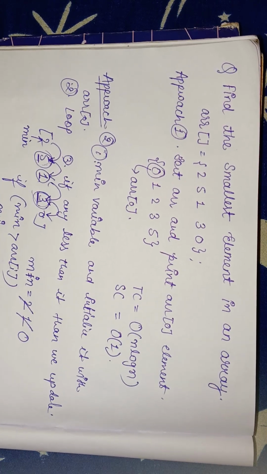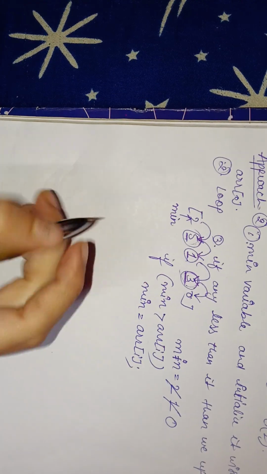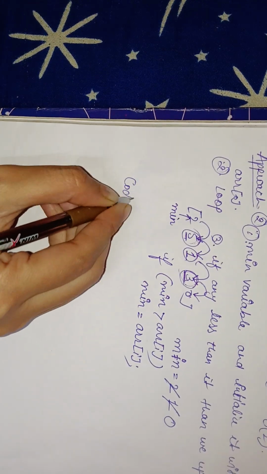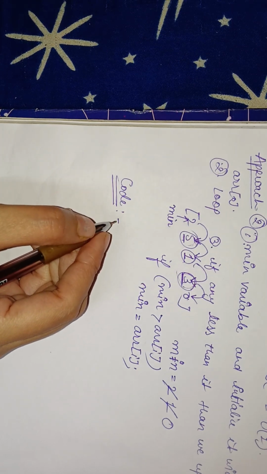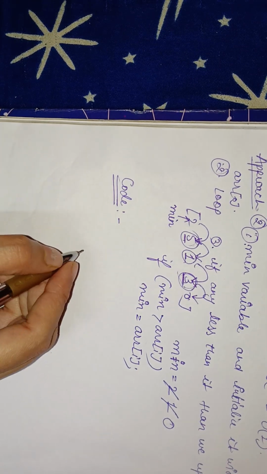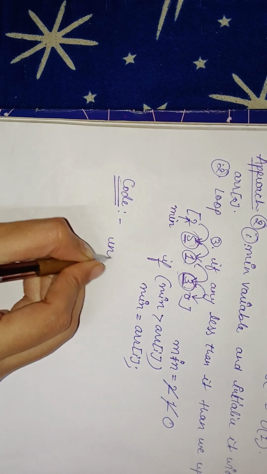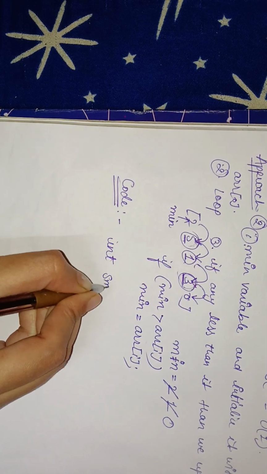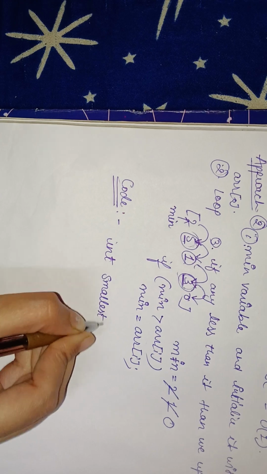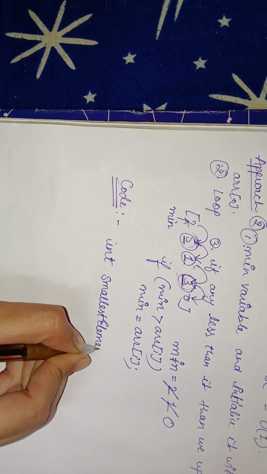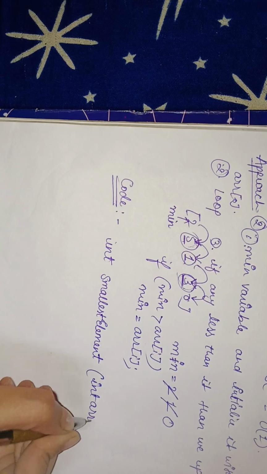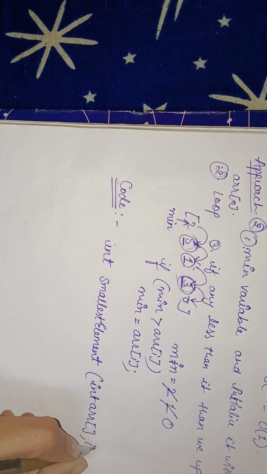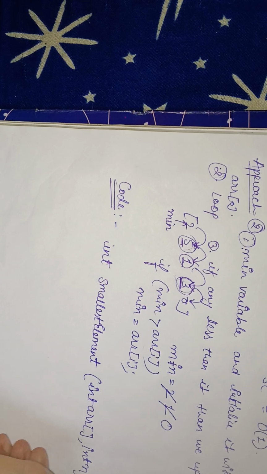So what is the code for this problem? Now I am going to write the code for this problem. If we write the function for this problem, int smallest element. First we take the array as a parameter and size.